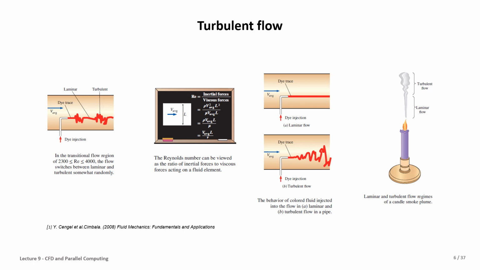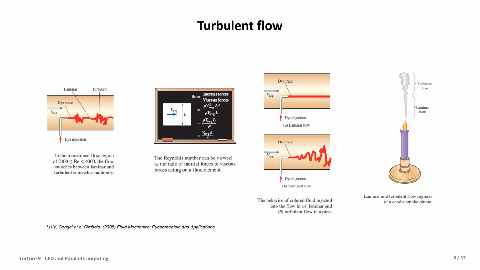If we want to look at the difference between laminar flow and turbulent flow, we have here the dye trace in the pipe entering the flow, one of them laminar and one of them turbulent. In figure A, the laminar flow, the dye trace has a pattern and moves in sequence.